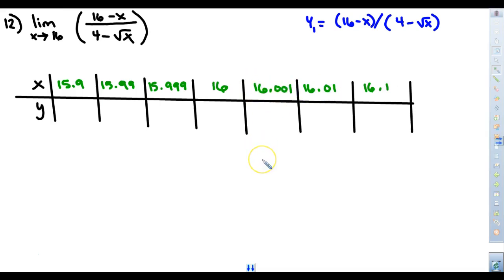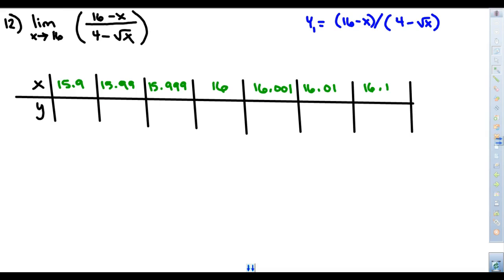Go to your table, just like I showed you. When you went to second table set, you put independent on ask and dependent on auto, so you're good. You don't have to do that again. Just go to your second table and delete all those values that were there and put these new ones in.